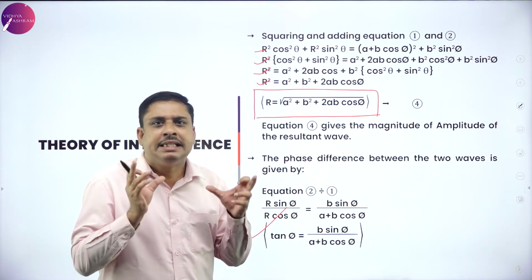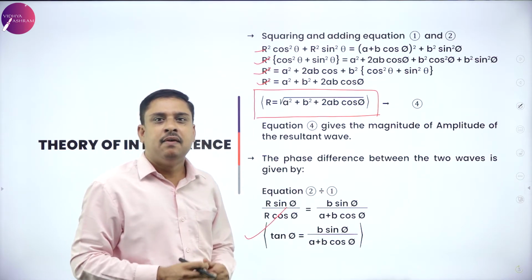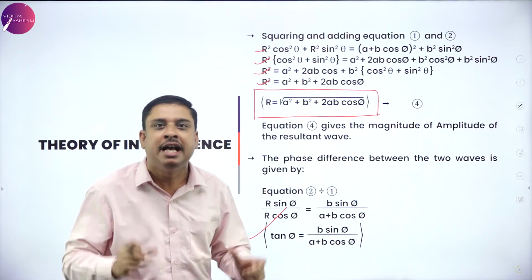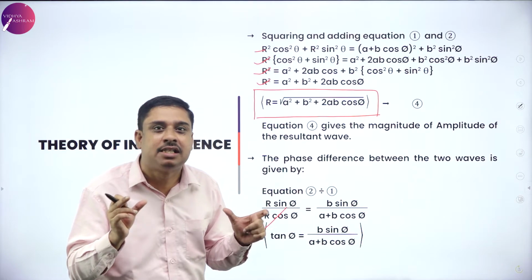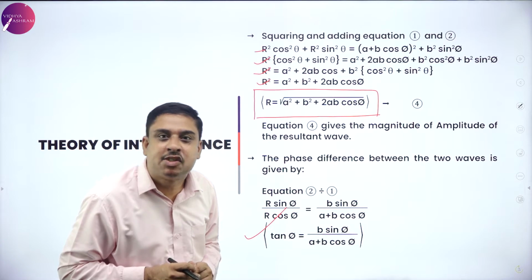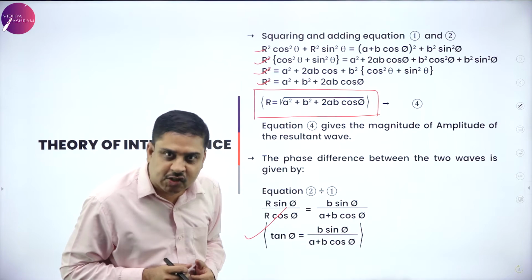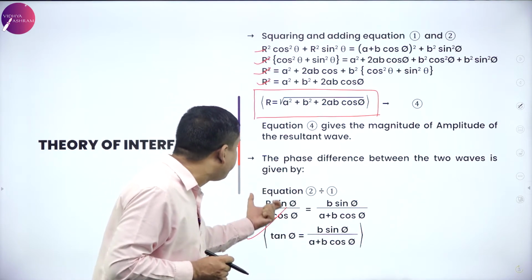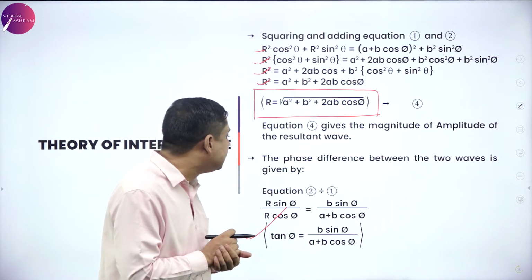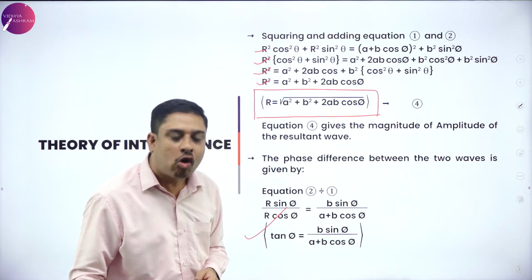So from the theory of interference, we have arrived at the expression for the resultant amplitude, which is root a square plus b square plus 2ab cos phi, and the phase difference tan phi equals b sin phi divided by a plus b cos phi.